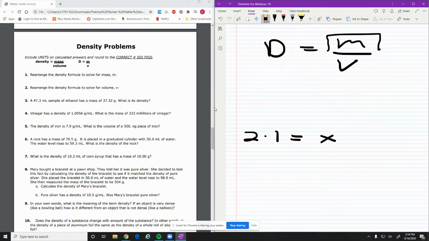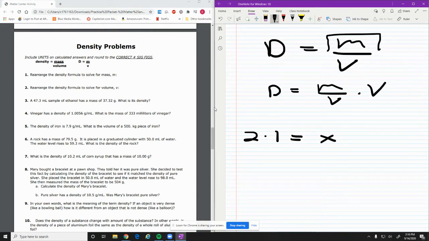Instead of using numbers, we'll just use letters. Okay, so we have all of this. I want to isolate x, isolate m. So I'm going to have density is equal to mass over volume. I can't get mass by itself unless I get rid of that volume.